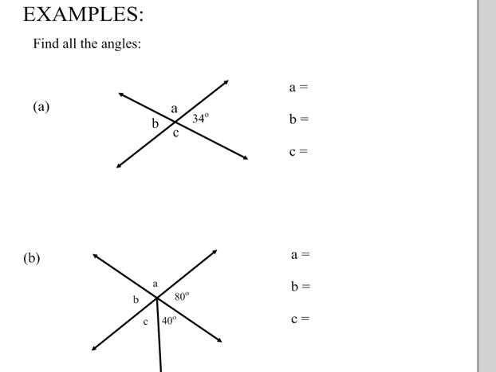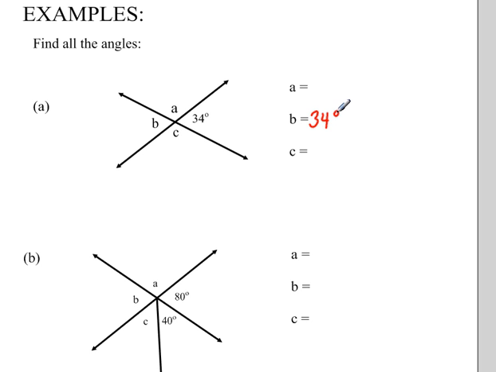A few more examples to look at. So if you're asked to find the missing angles, we're going to be using things like opposite angles and supplementary angles. So here, for example, 34 and B are opposite to one another. So B is equal to 34 degrees.